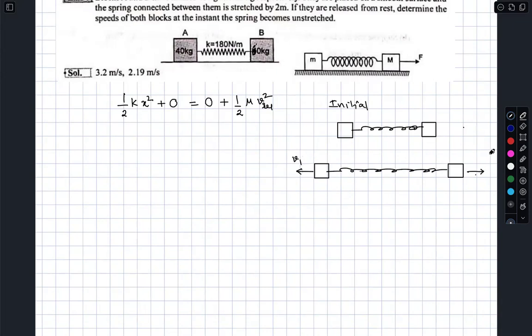Let us assume this has velocity v1 and this has velocity v2. We'll call this A and this B.